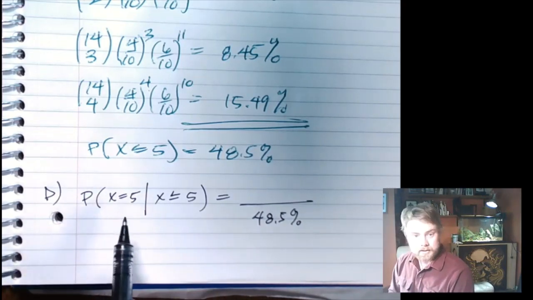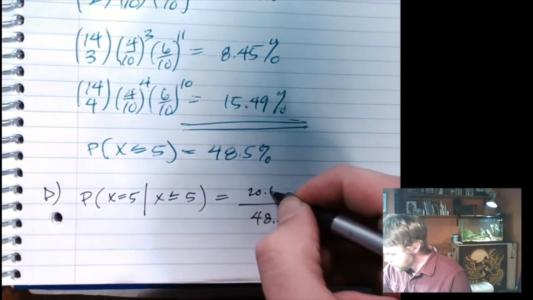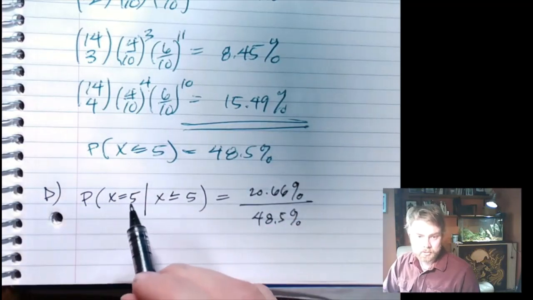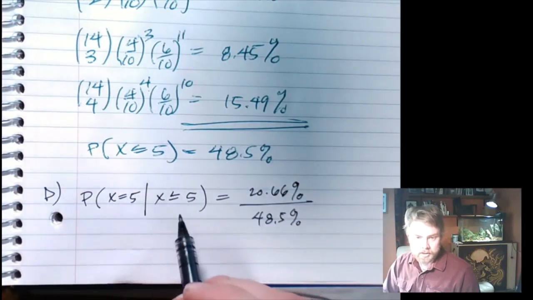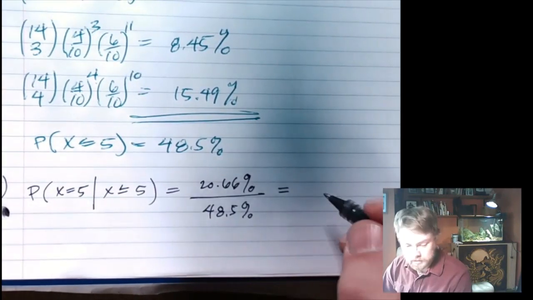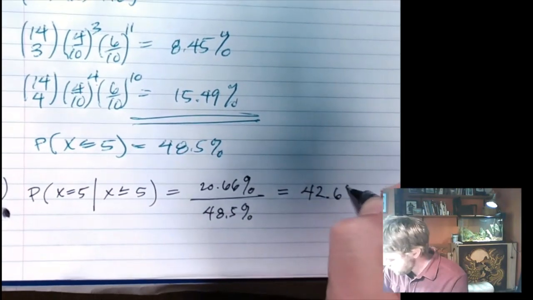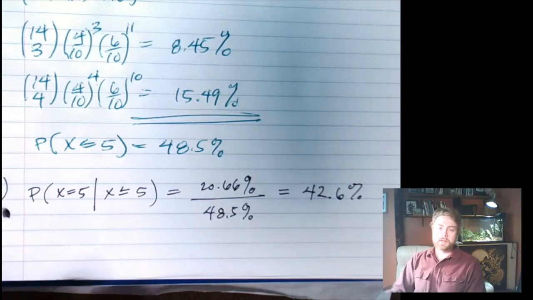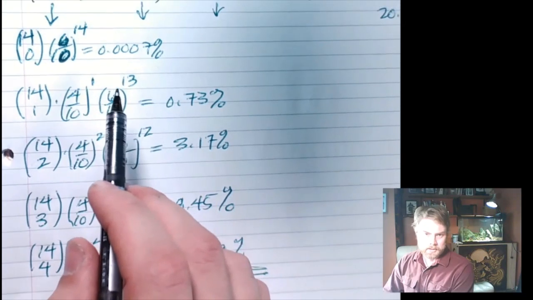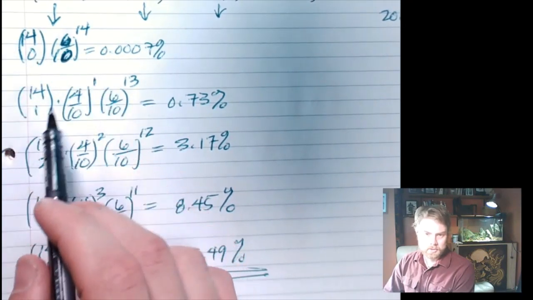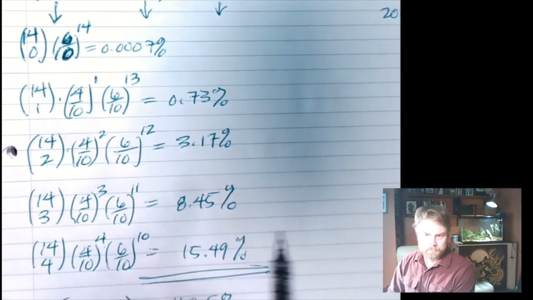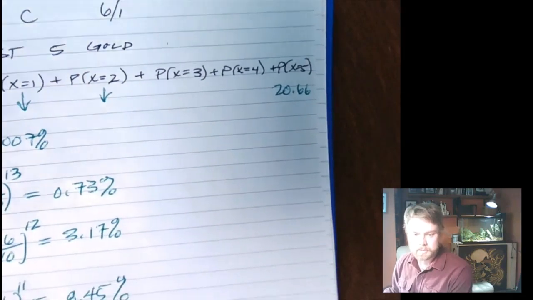Probability that you get exactly 5 is 20.66%. So this is the numerator, and then this is the denominator, which makes 42.6% chance. And you can see, well, that's not too far off from 48 because it's highly unlikely that we're getting 0 or even 1 gold. It's the most likely to get this one, if not the others.